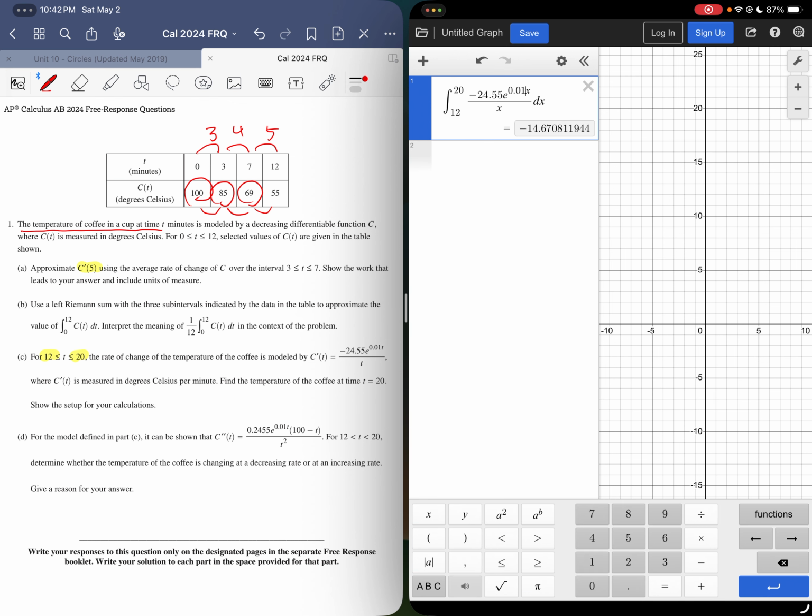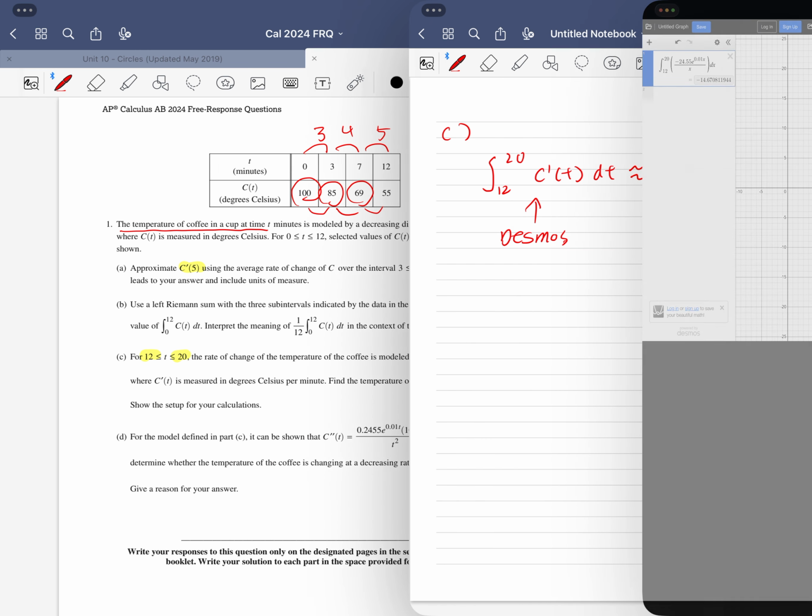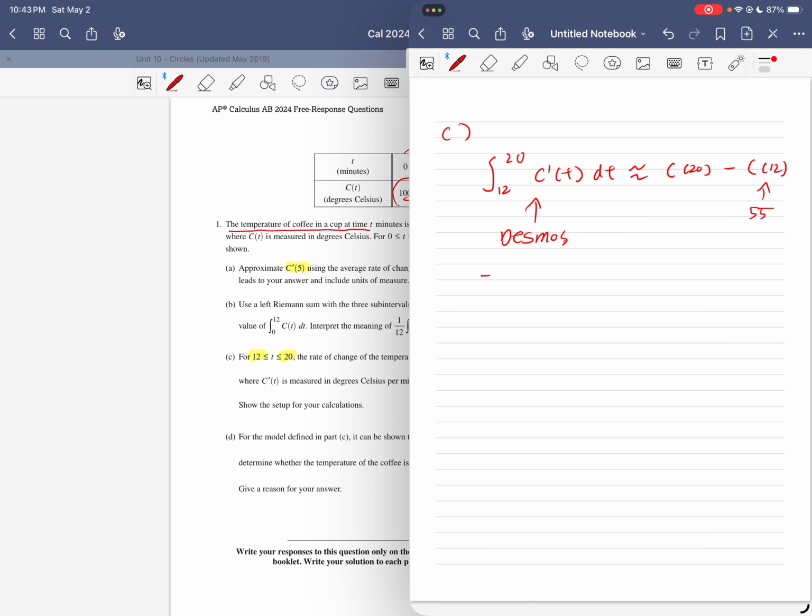Now they give you the answer, but if you don't get it, make sure to put parentheses, okay? Because if you have more than one term, you will need it. So it's gonna be negative 14.670 or 671.